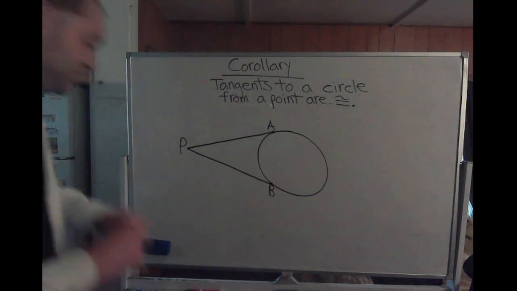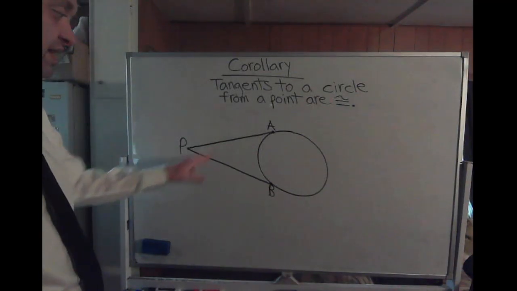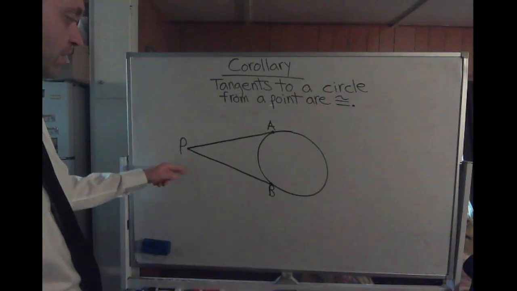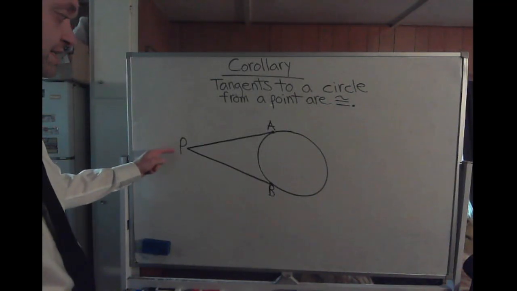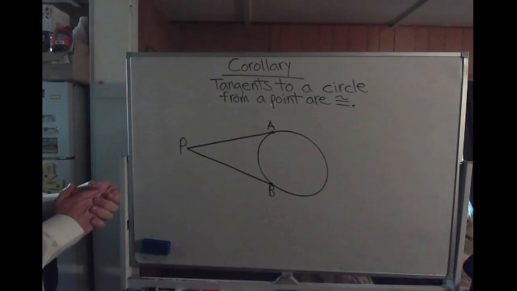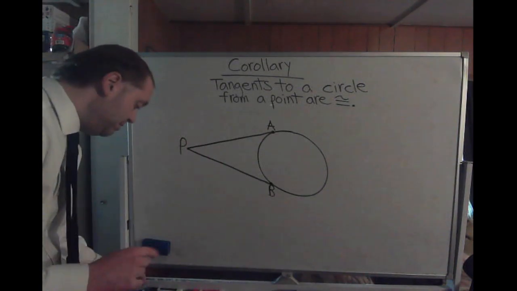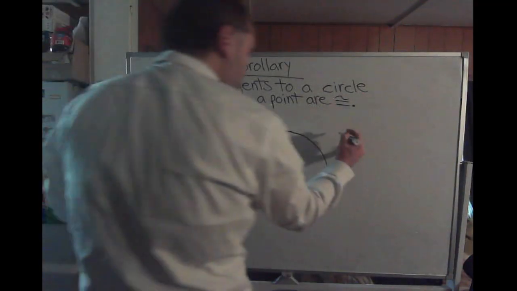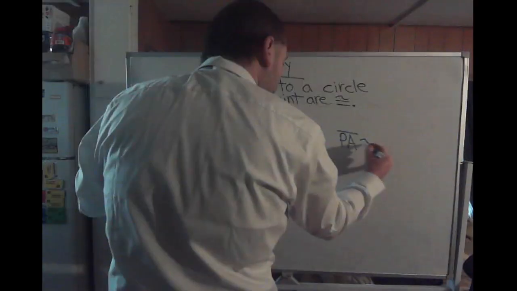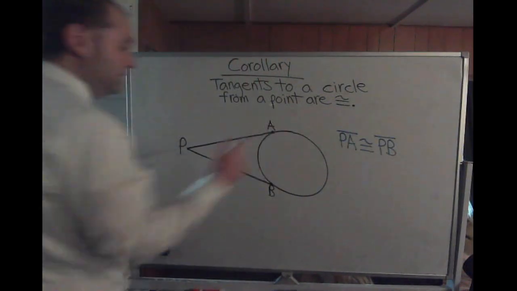So we have a circle here where you have two tangent lines that start at point P outside of the circle. They originate from the same point, and they touch two different points on the circle. Well, according to this theorem, the two tangent lines PA and PB are congruent. So we can say that segment PA is congruent to segment PB by this corollary.